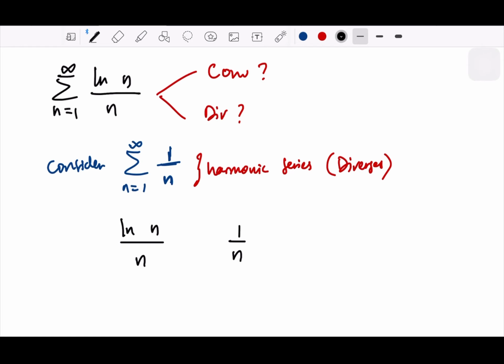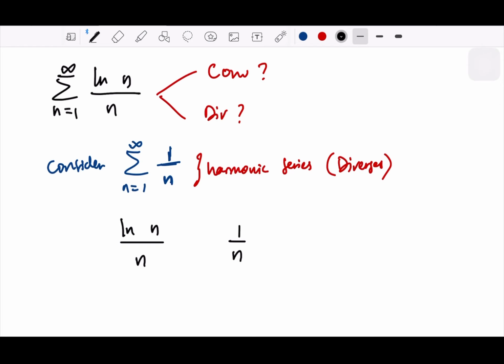If we check some n, maybe n equals 1, this will be 0, and this will be 1. It seems that it's less. If we check 2, it is 0.6 something, divided by 2, this is 0.3, and 1 over 2 is half. It seems it's less. If you check 3, it's greater than 1 over 3.